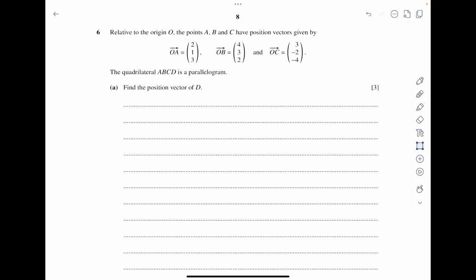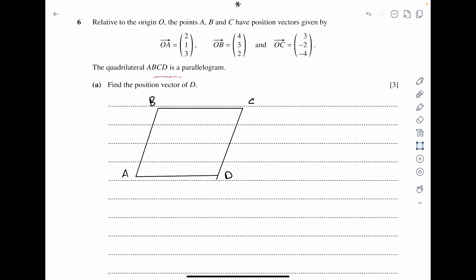We start off by being given 3 position vectors and are told that a combination of these 3 vectors plus another vector D creates a parallelogram ABCD.